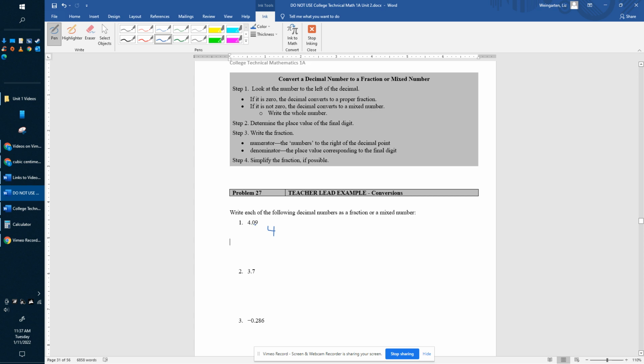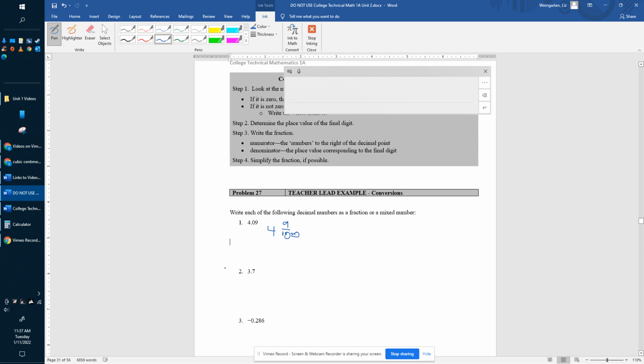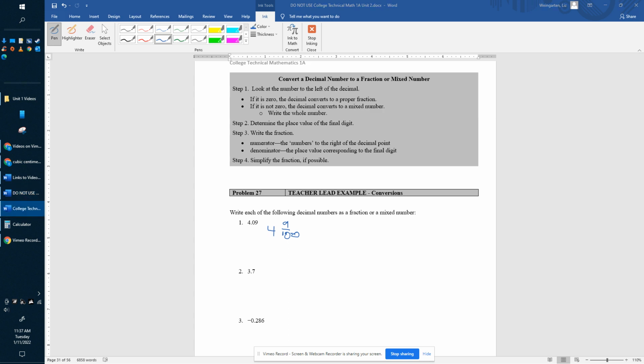So this is in the hundredths spot, so it's going to be 9 over 100. Those are zeros. There we go. Then reduce it and simplify it as much as possible. 9 over 100 does not simplify, so our answer is going to be 4 and 9 over 100.